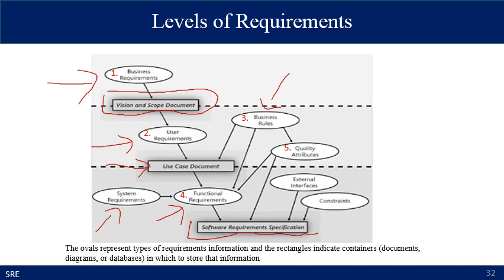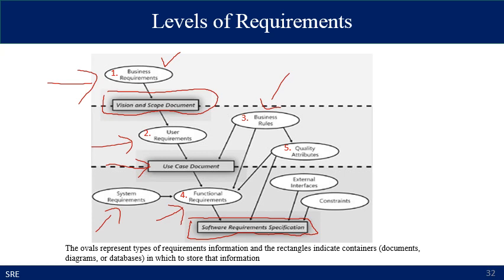Your software requirement specification is the final document that can be produced after the software requirement engineering process. So it includes all the desired parts of your requirements. It will include the business requirement in the form of a vision and scope document. It will include user and system requirements in the form of functional requirements represented in the definitions of use cases.